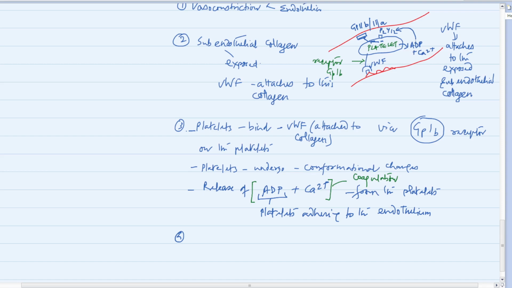This ADP acts on other platelets as well as on the same platelet that caused this change, and that receptor on which it acts is P2Y12. Binding of ADP to P2Y12 results in the expression of another receptor, GP2B3A, on the surface of the platelets. So let's write it down here.